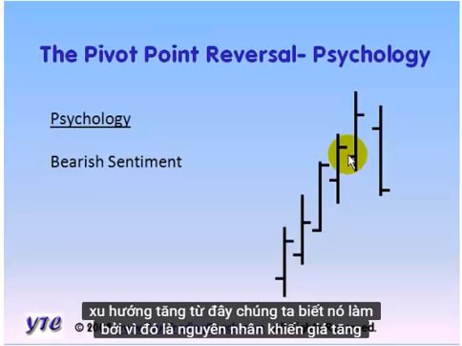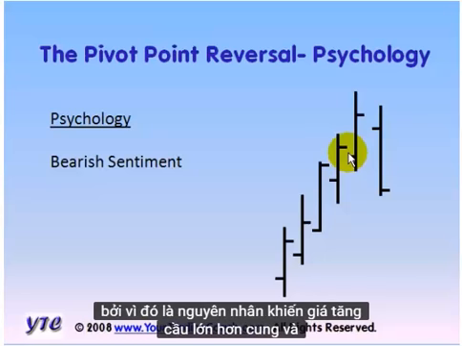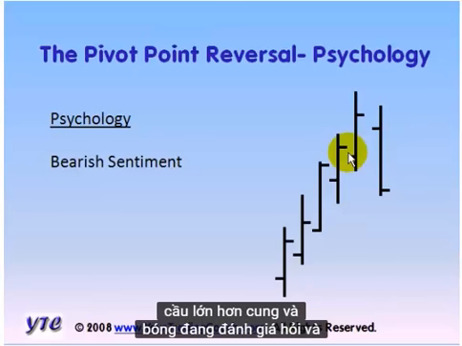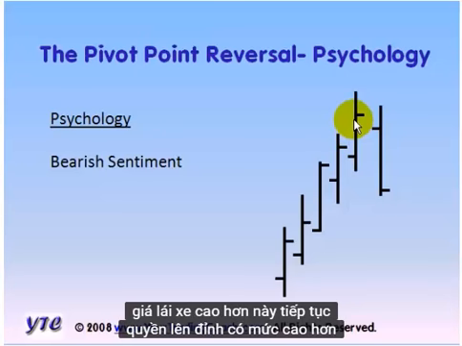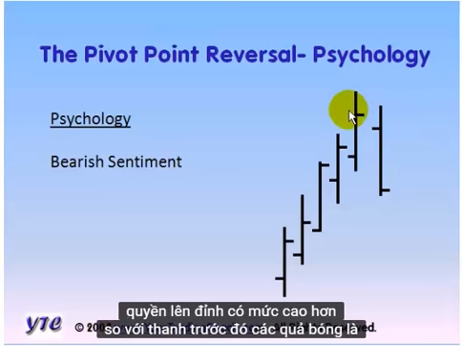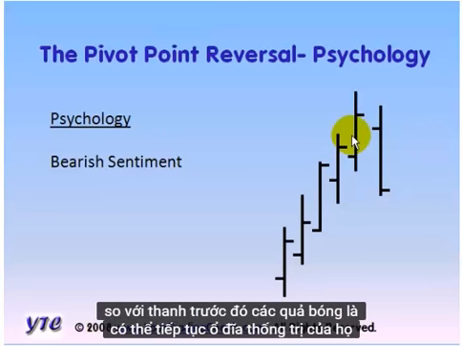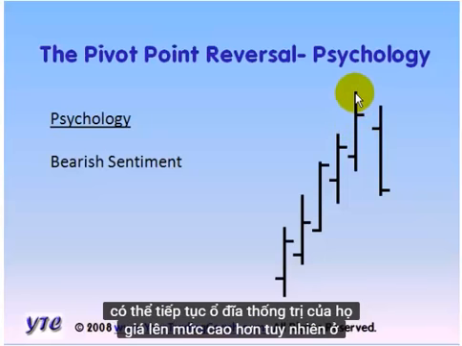We know it does because that's what causes price to rise. Demand is greater than supply and the bulls are hitting the ask price and driving price higher. This continues right to the top, which has a higher high than the previous bar.